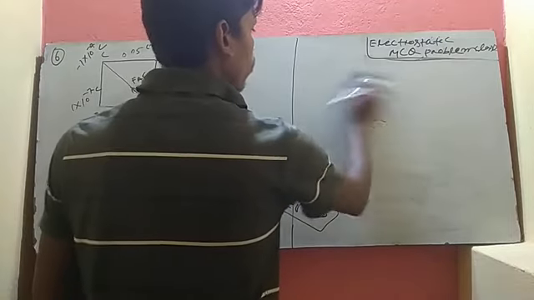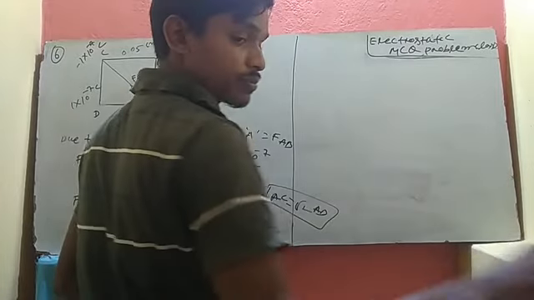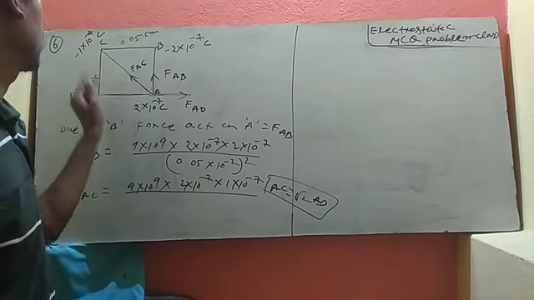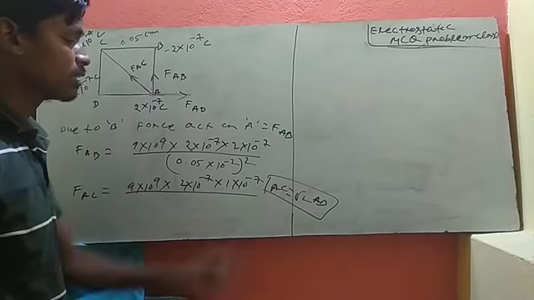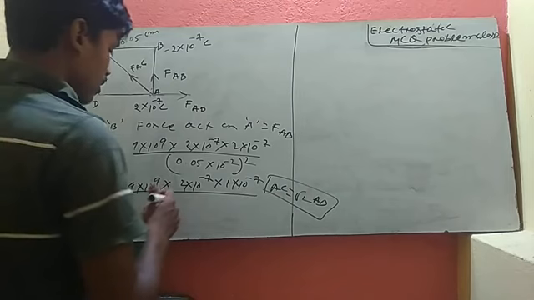So what is the value of AC? AB, BC, CD, DA are the sides, and AC is the diagonal. So the value of AC is root 2 into the side AB.